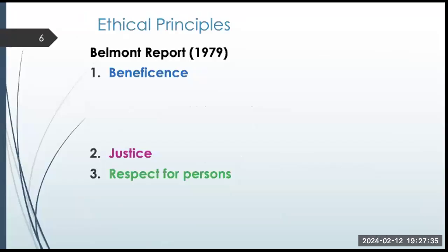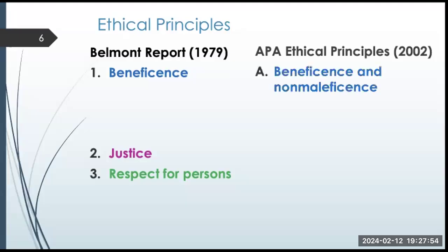All right, so here, what I've done is an overlap between the Belmont report, which is much of what we've based our APA ethical principles on. We have five APA ethical principles. These were established in 2002, so over 20 years ago. Principle A is beneficence and non-malfeasance, which maps directly onto the Belmont report's principle of beneficence.